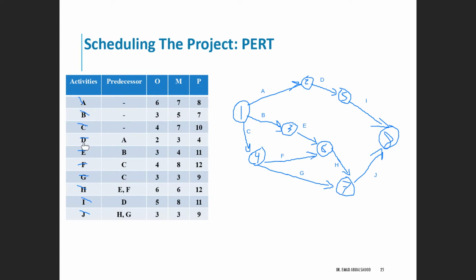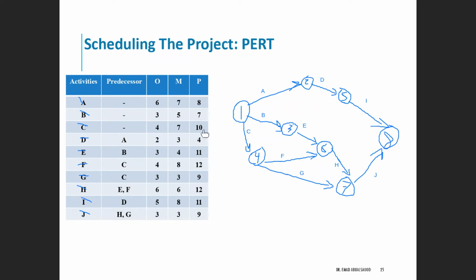For activity D, I have to have A before, so I will do A and then D. If you track the D, you will find it all the way to the end, and it will lead you to activity I, and then there is nothing that depends on I after that. So I will be the end point for the sequence of A, D, and then I, and that is the last event.